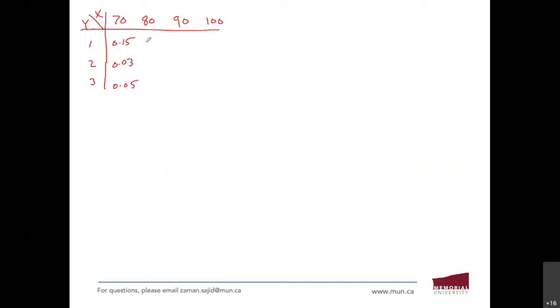These values I got 0.08, 0.04, 0.0, 0.03, 0.06, 0.12, and for 100 I have 0.02, 0.12 and 0.22. Now our first objective is that we need to plot the first objective.